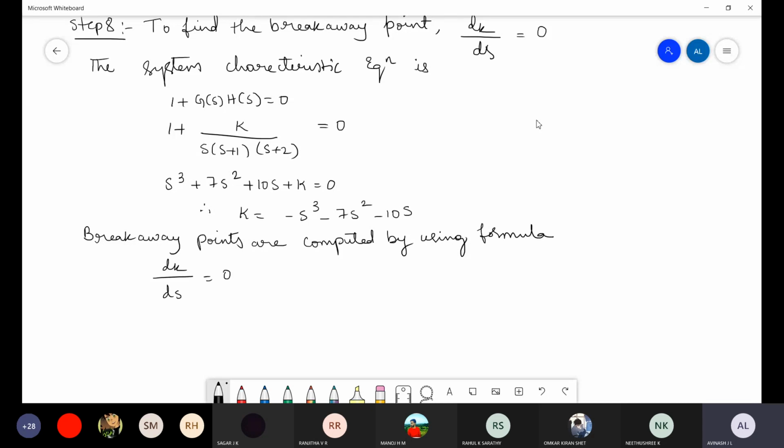Clear? Once you differentiate k with respect to s, dk divided by ds will be equal to what? If you differentiate, I'll take this one, minus is as it is.